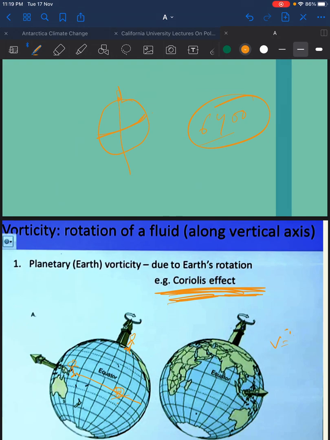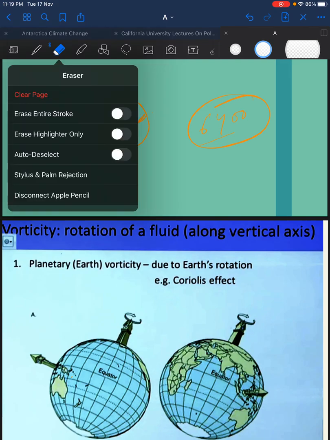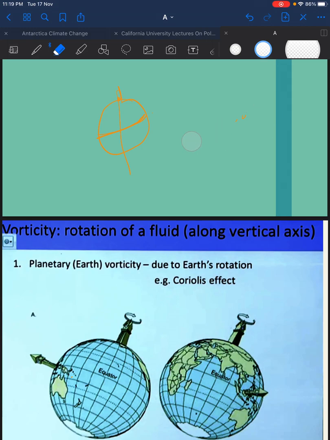Velocity is distance by time, so we can say that time is equal to distance by velocity. That is, at the equator, velocity is more than that of the pole because it has to cover a long distance. Now, I think this is clear to you. Around 1647 kilometers per hour is the velocity at the equator, while at the pole it is very less.